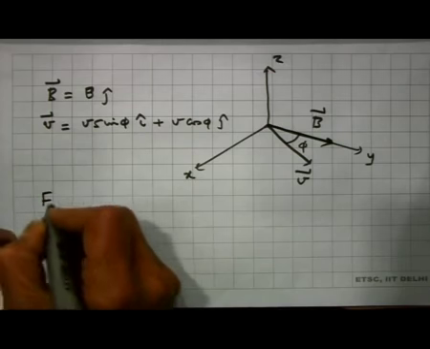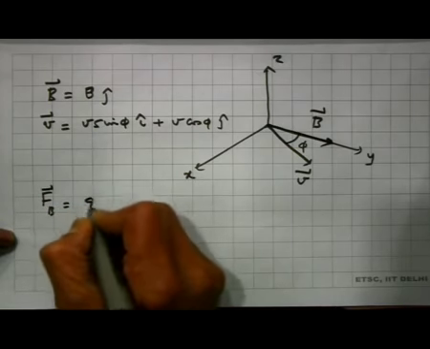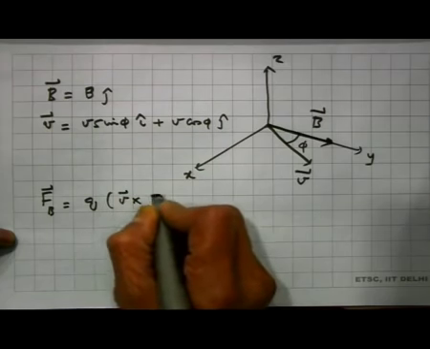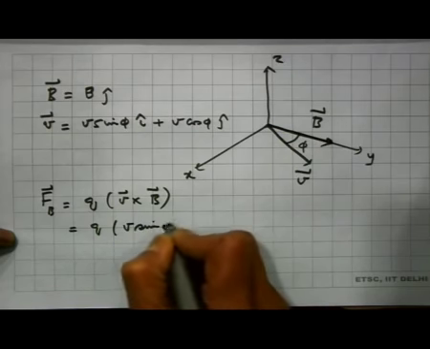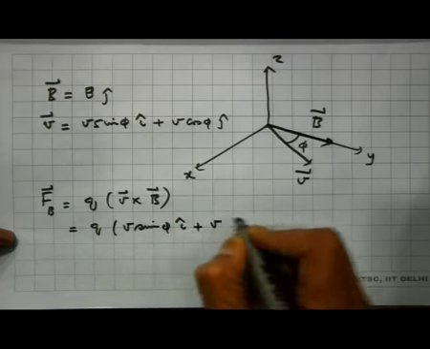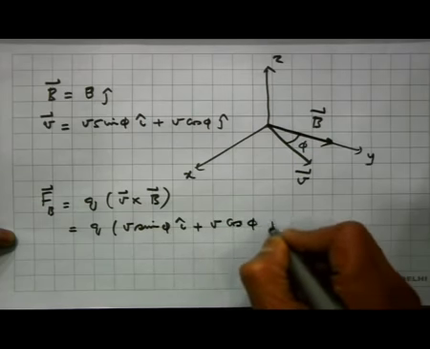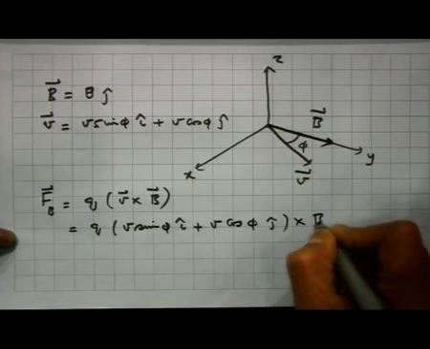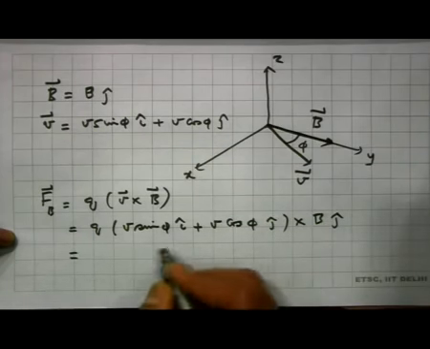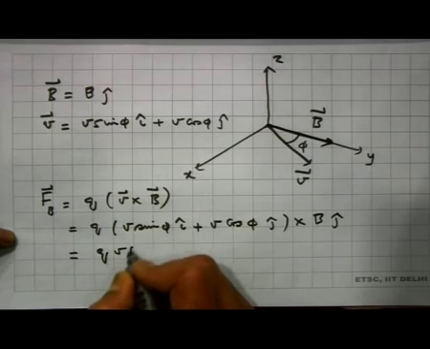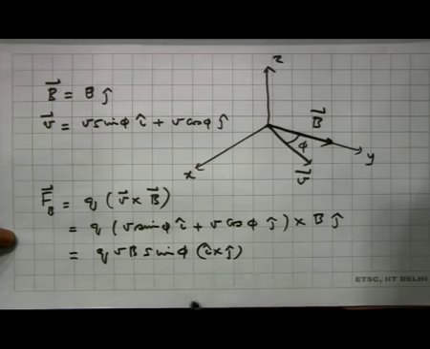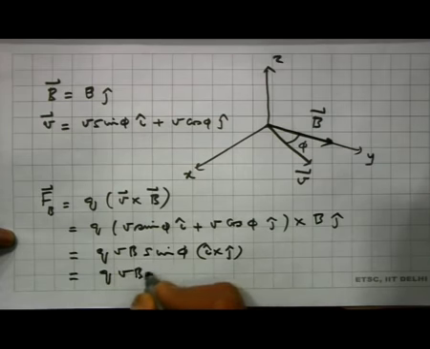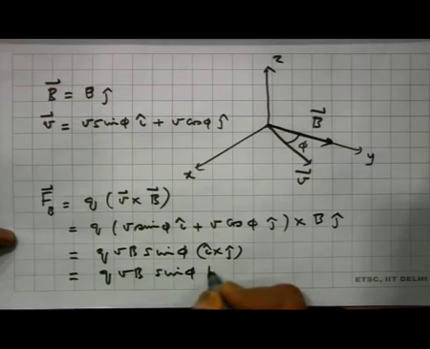So the magnetic force is Q V cross B, which is equal to Q times V sin phi i cap plus V cos phi j cap, cross B j cap, which is equal to Q V B sin phi times i cross j, which is nothing but Q V B sin phi k cap.